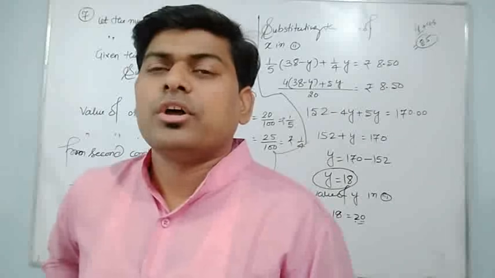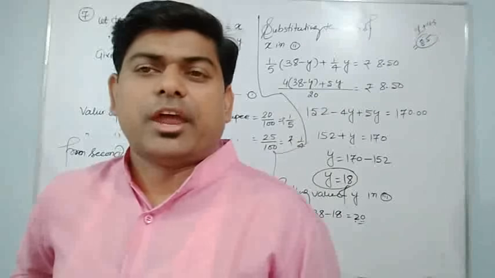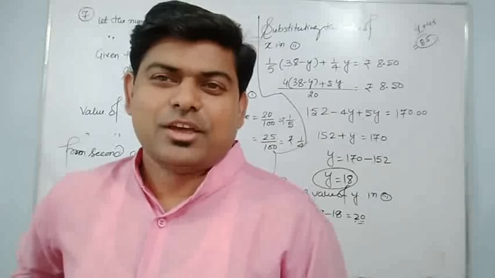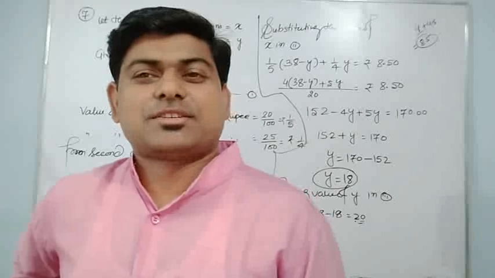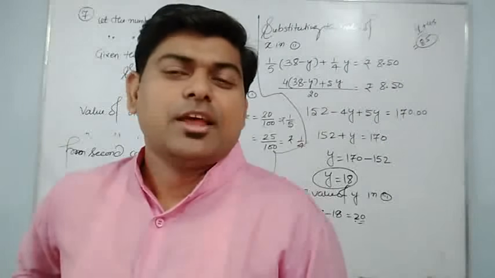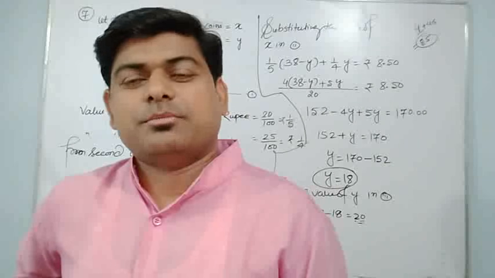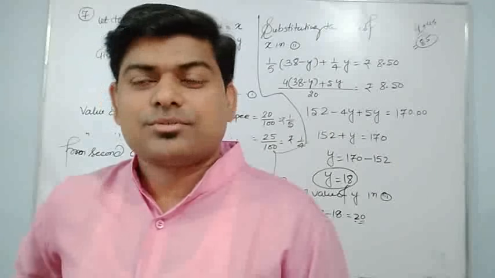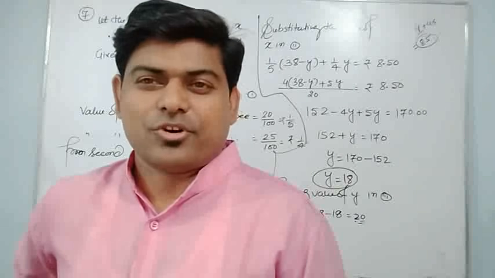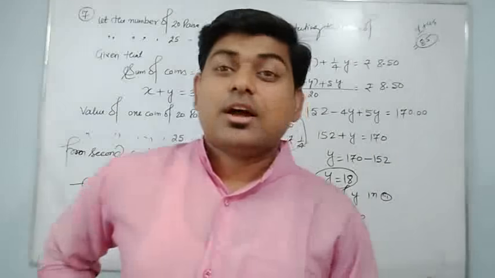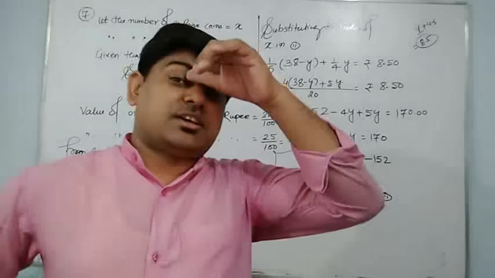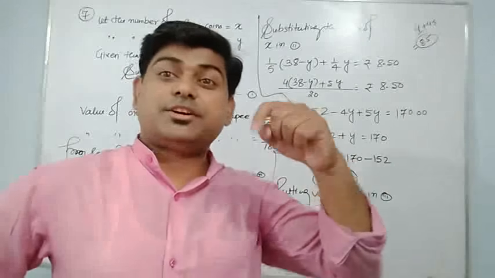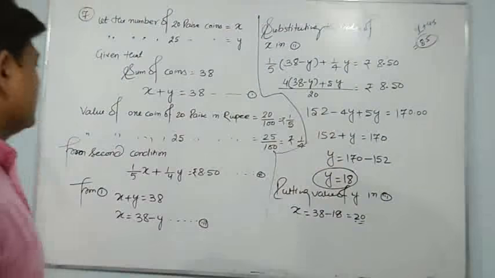We have to know the value of the numerator and denominator. Then we will write the fraction: suppose I have taken the numerator as x and the denominator as y, then the fraction will be x upon y. Got it? So let's start, and after that we will follow the conditions and form two equations in terms of x and y. Listen.